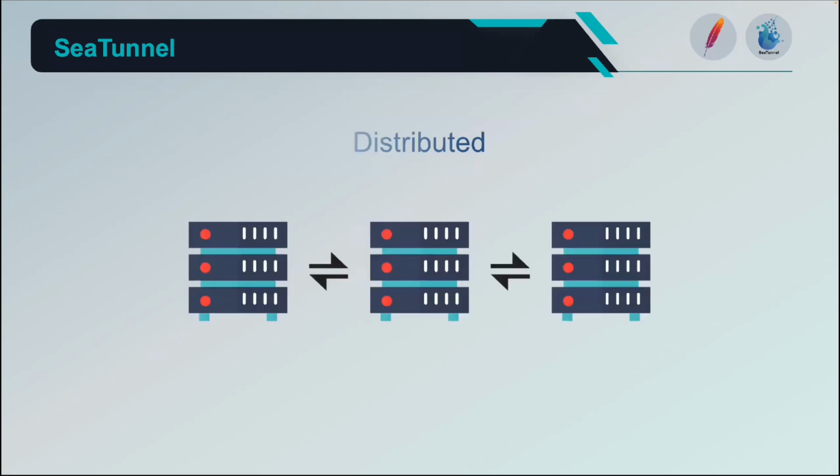Then, in order to achieve data throughput, distribution is essential. Through distribution, we can greatly improve the transmission efficiency and the data processing capacity, as well as provide excellent fault tolerance.